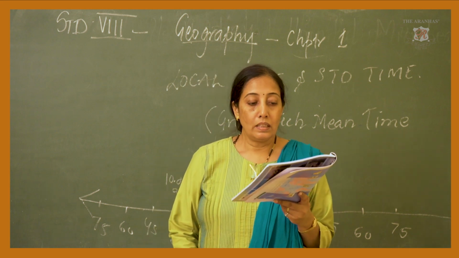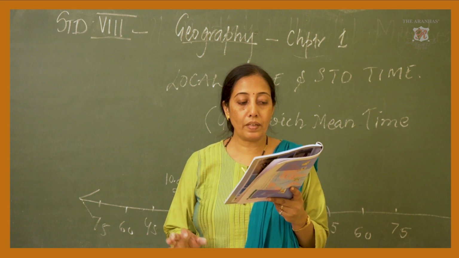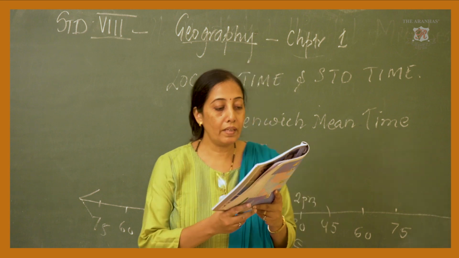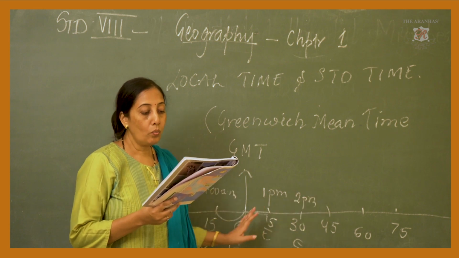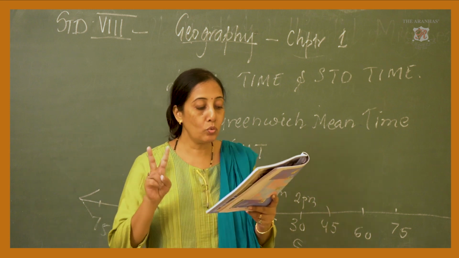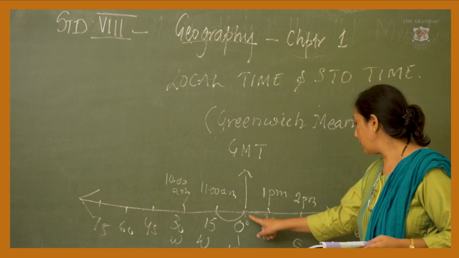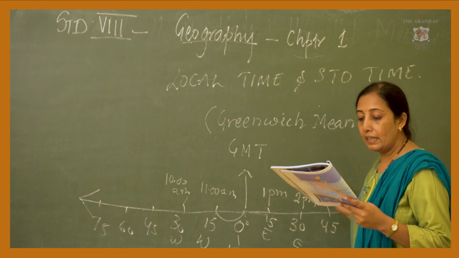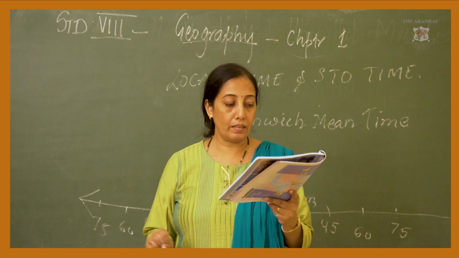Now, see the geographical explanations. Longitudes lying to the east of any longitude are always ahead of the time at that longitude, while those lying to the west are behind. As the distance between two longitudes keeps on increasing, their local time also keeps on differing.